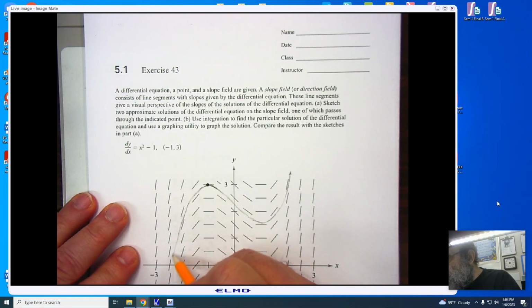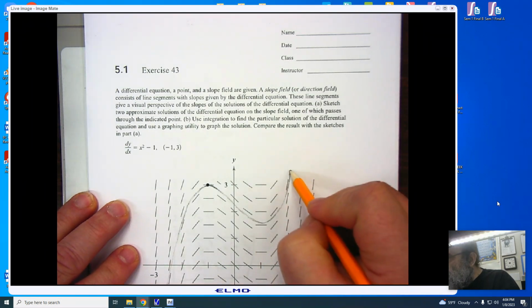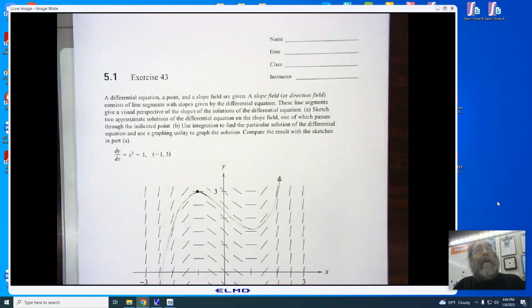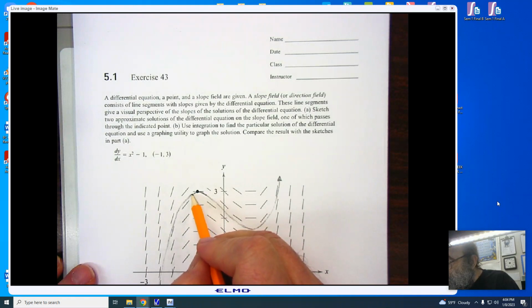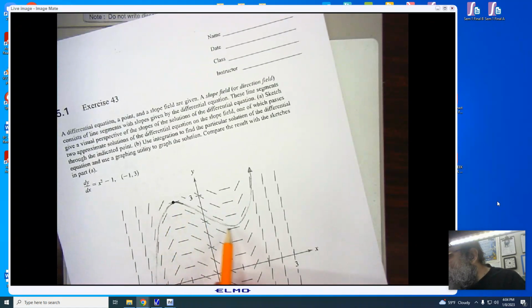Once again, I'm just kind of cruising along, and they're guiding me. And there's my answer. So notice, I'm using these police officers, these lines, in order to guide my curve so that I get a smooth cubic.